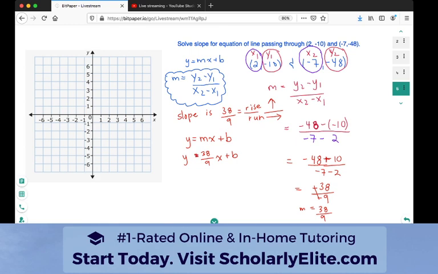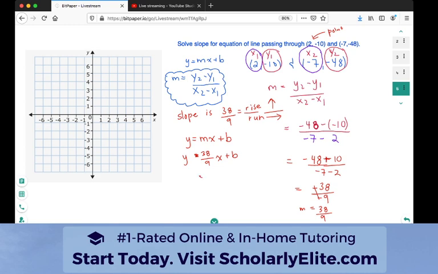The very simple solution to solving for the b term, which is the y-intercept, is literally just plugging in one of the points that we got in the original part of the question. So let's take a look at that. Let's plug in 2 and negative 10.